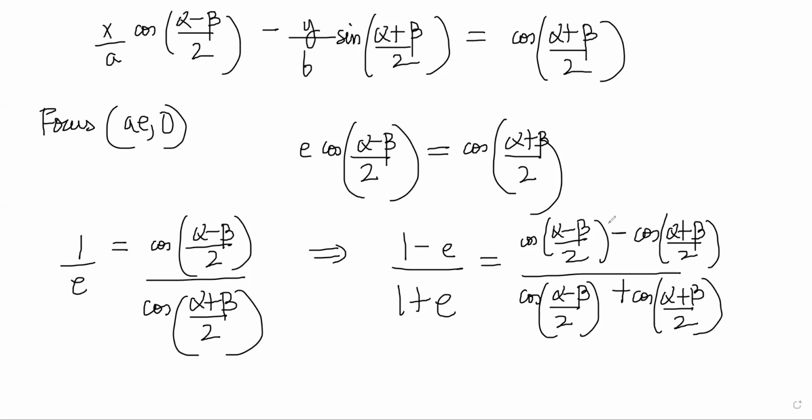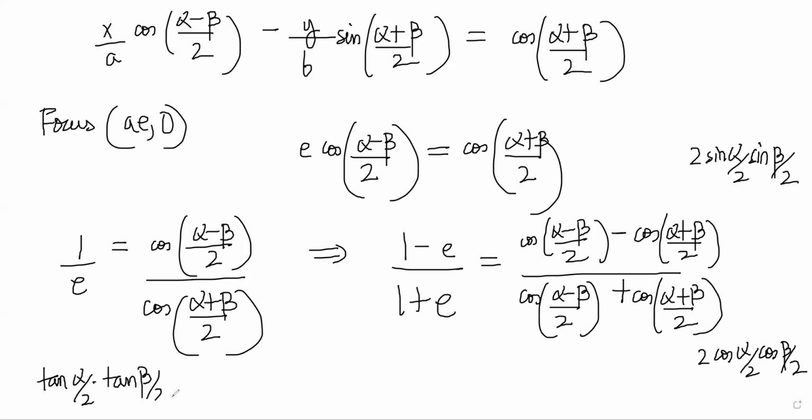Using the half angle formulas, the top part is 2 sin alpha by 2 sin beta by 2, and the denominator is 2 cos alpha by 2 cos beta by 2. The 2s get cancelled, and we get the condition that tan alpha by 2 times tan beta by 2 is equal to (1 minus e) divided by (1 plus e). So that is the condition for a chord to be a focal chord. A chord connecting two points alpha, beta is a focal chord if tan alpha by 2 into tan beta by 2 is (1 minus e) by (1 plus e). So that is super important.